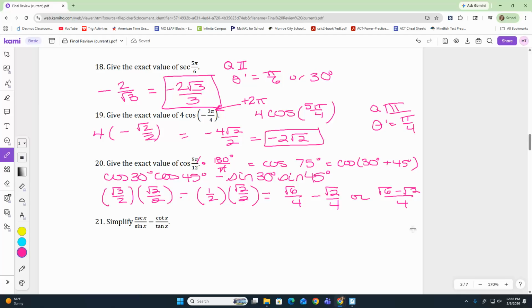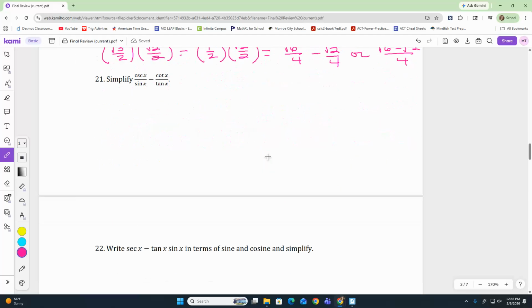All right. Problem 21. So now we're getting closer to the proof type problems. This one, we work it the same as the proof. It's just a little bit harder because we don't necessarily know what it's equal to. What's always a good starting place? Sine and cosine.